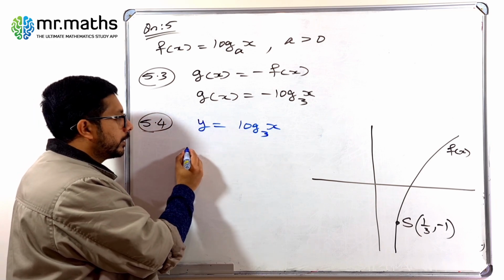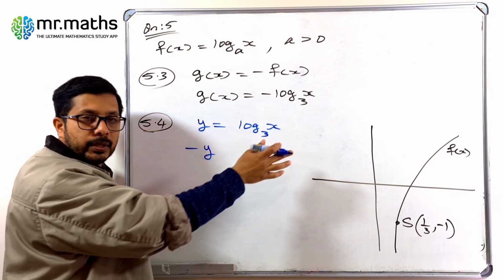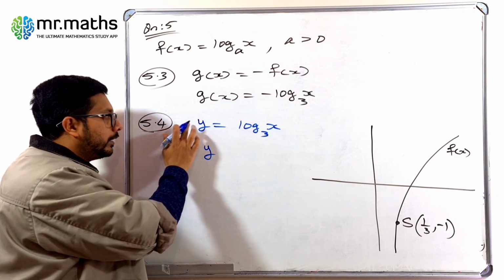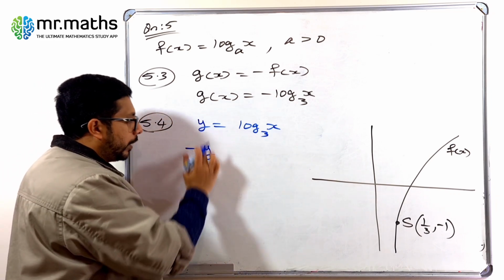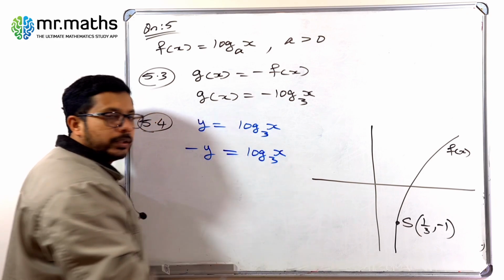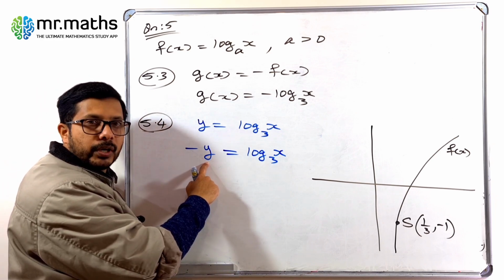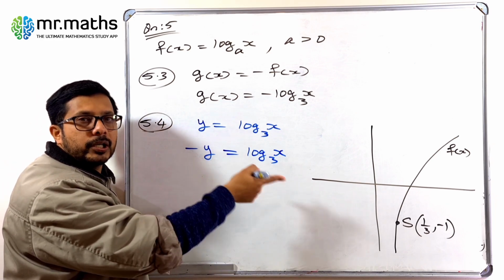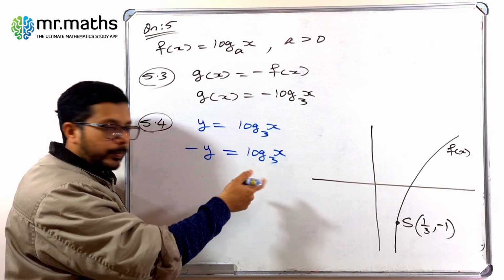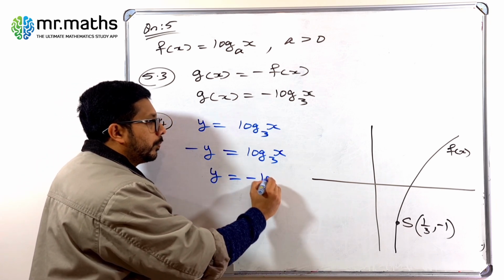Only the sign of y, I'm not going to multiply throughout with the minus. Don't think like that. I change the sign of y, so minus y is equal to log x to the base 3. Now how can I write this as a positive y? I have to multiply throughout with the minus. Minus into minus is positive y is equal to minus into plus.